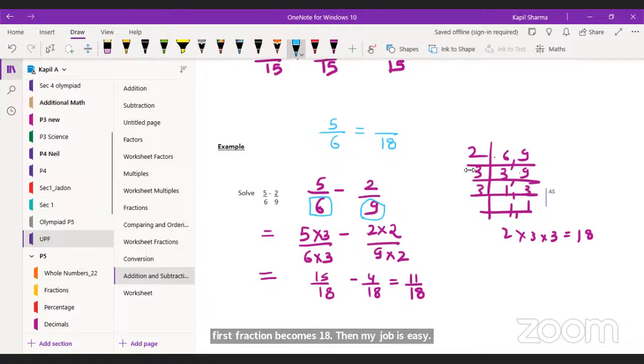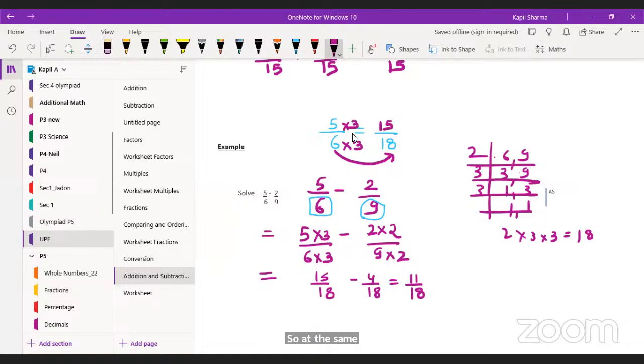So I'm using the concept of equivalent fractions. I need to get to 18 from 6. How will I do that? I need to multiply this by 3. And when I do that, I need to ensure that I'm not changing the fraction. So at the same time, I'm going to multiply the numerator by 3 as well. So 5 over 6 becomes 15 over 18.